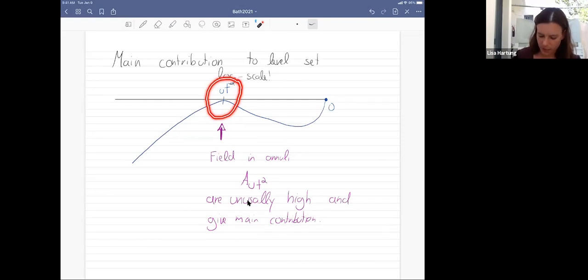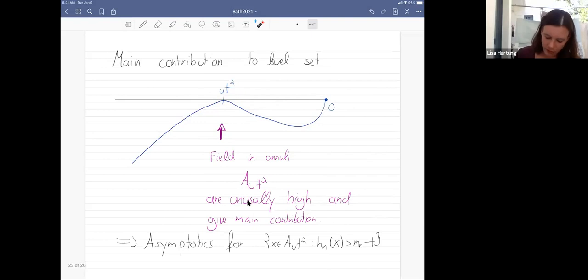So instead of being repulsed and going away from zero, this is when the walk comes close to zero and then goes down again. And what we really need to establish really well is the number of points that such an event would then contribute to the level set.